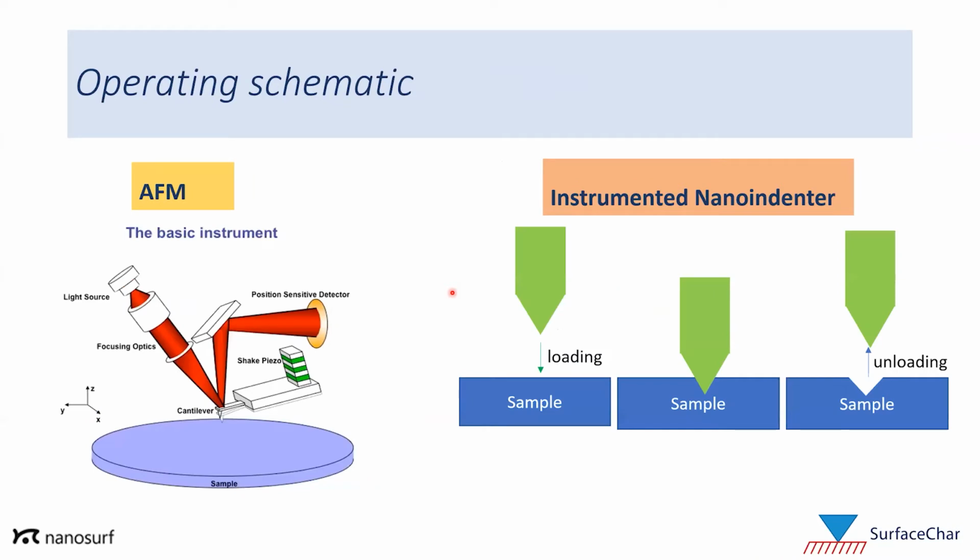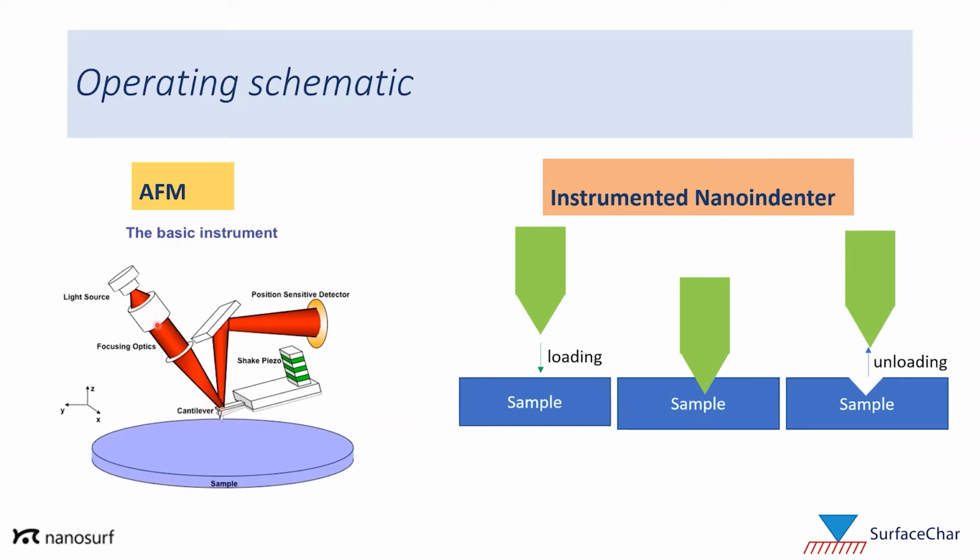Now, just to briefly go over the operating schematics for each instrument, because they're actually very different from one another, even though we're using them to probe very similar mechanical properties, or even the identical mechanical properties. So for the AFM, which I think most of the people calling in are familiar with, we have a very small cantilever with a small tip hanging off the end that's going to interact with the sample in a variety of ways.